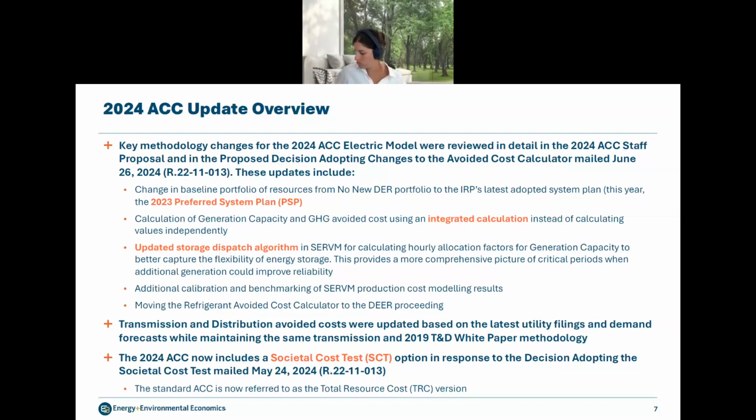Capacity in the IRP is procured both for reliability and for GHG emissions reductions. And so I guess it's not clear to me how you would distinguish between what's procured for capacity value versus what's procured for GHG emissions reduction. Is it possible to explain how those values are split out?